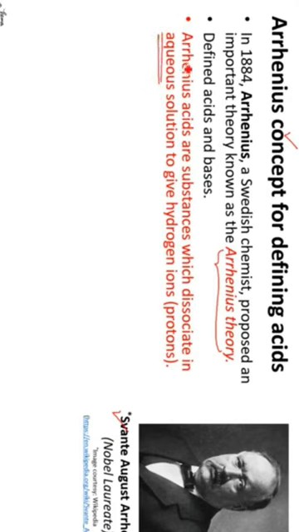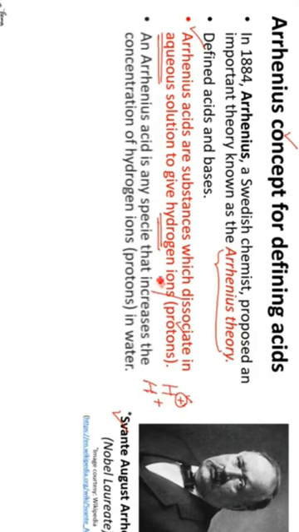See, the word aqueous we have underlined, students, because it is very important. Only in the presence of water can acids dissociate to give the hydrogen ion. Hydrogen ion is nothing but the proton, and we represent it as H+. So this happens only in the presence of water, in aqueous solution.